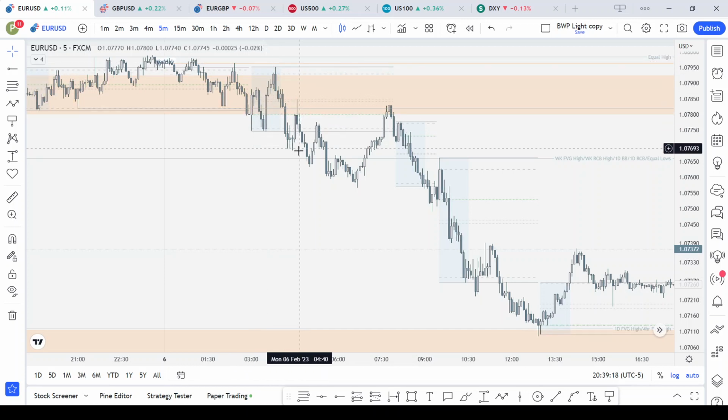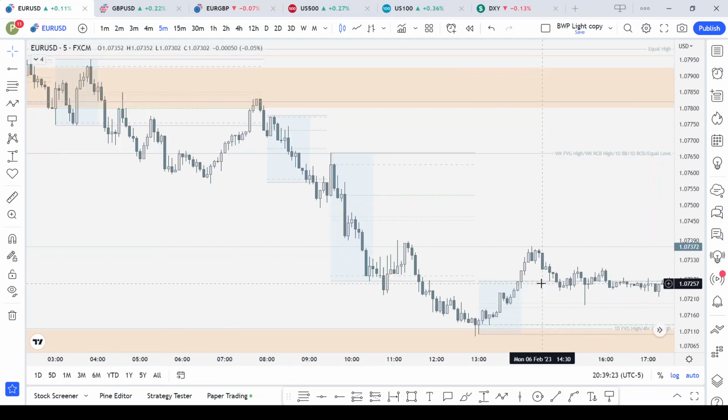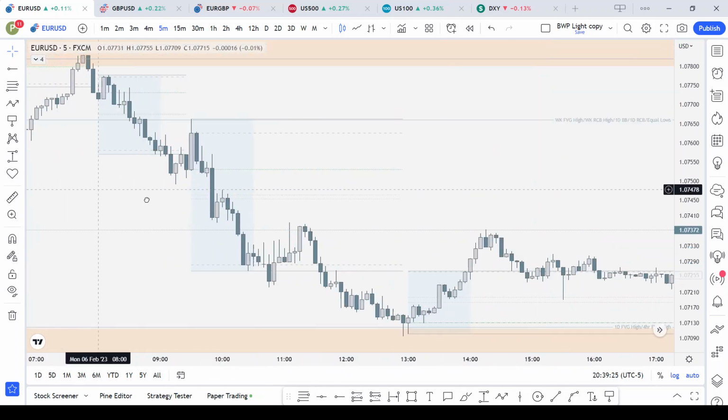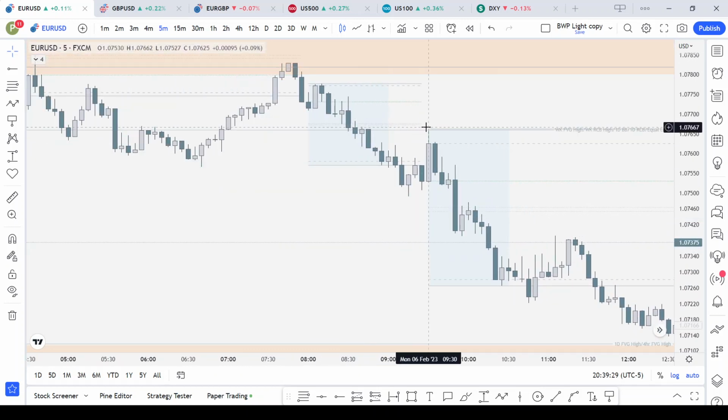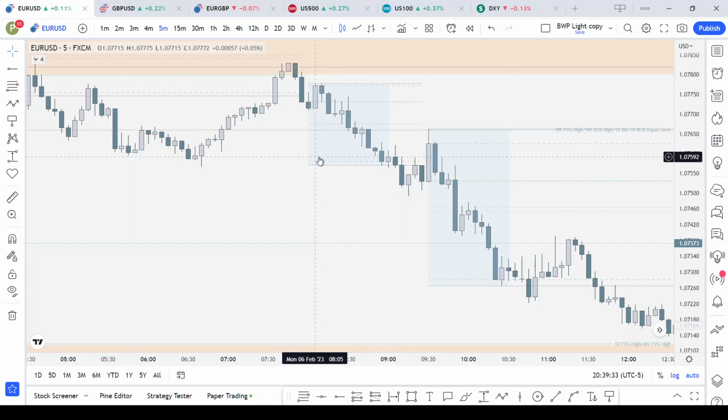When it closes below it, certain elements of the TR candle, let me zoom in, like the middle of the TR candle, the opening price, the close of the TR candle can give you a lot of indication as to what the algo is doing.